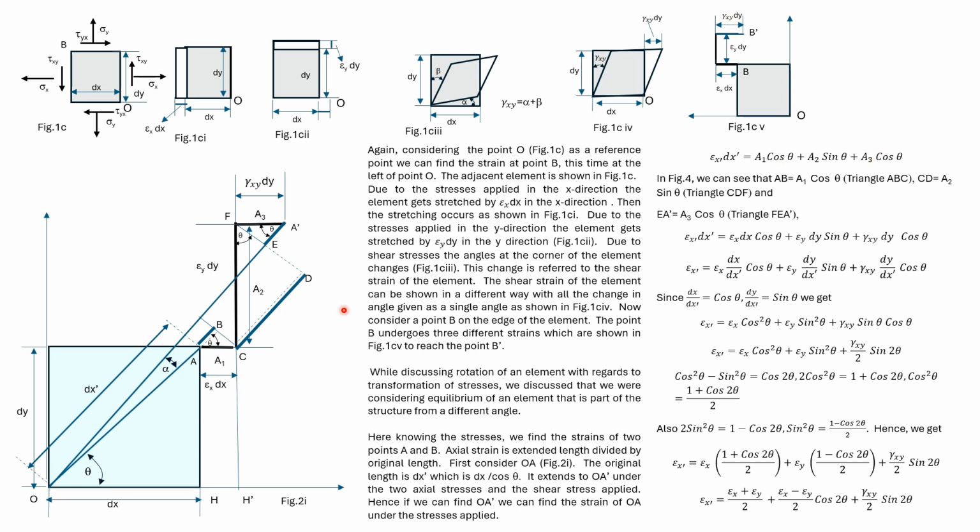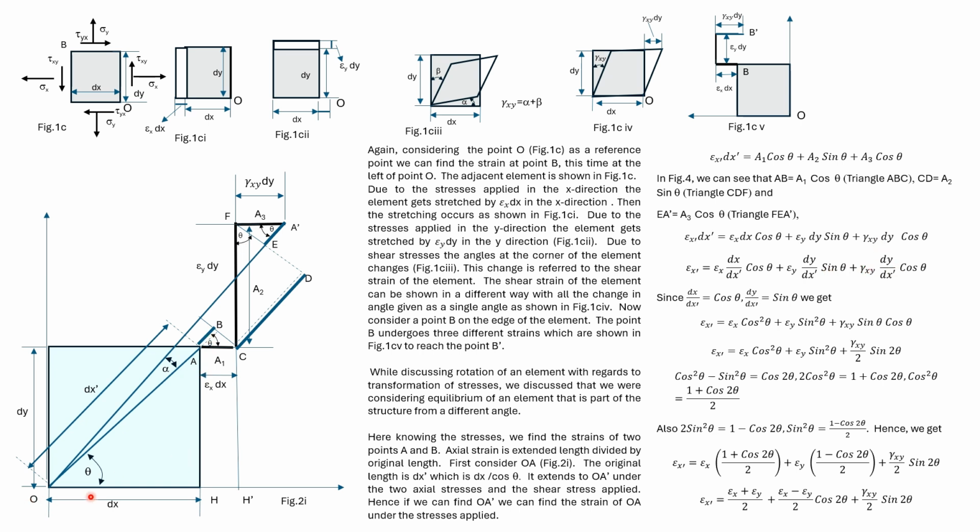So these three are these three blue lines. We earlier found out A1 is epsilon x dx, A2 is epsilon y dy, and A3 is gamma xy dy. Now dividing this equation by dx dash, we get this expression.